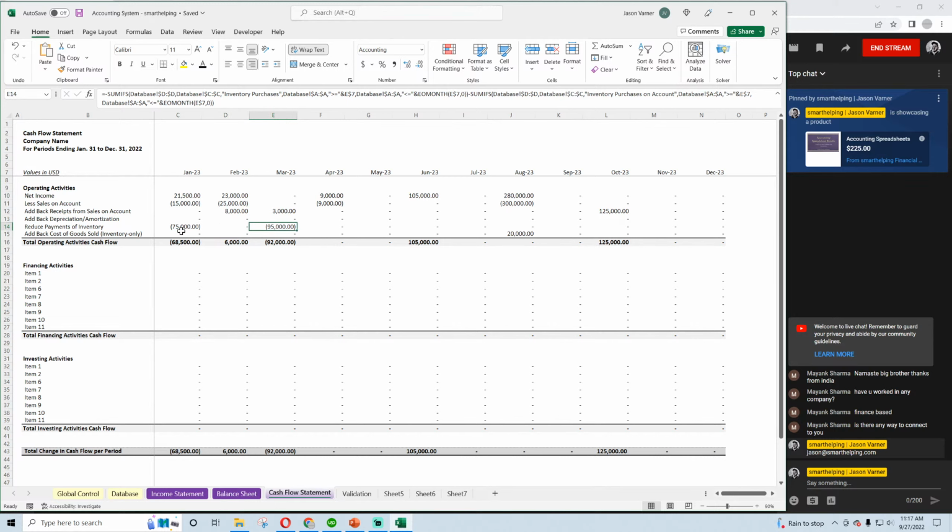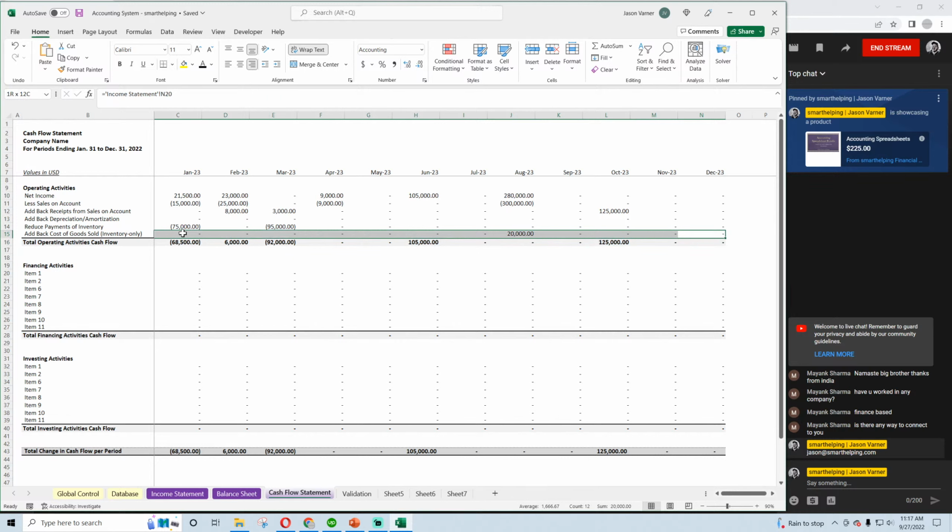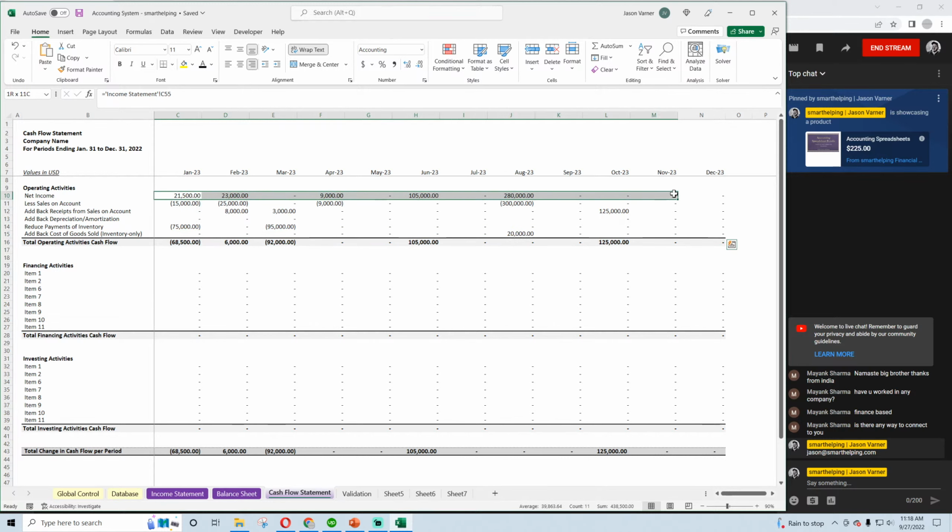Notice we've added back, well, no, we haven't done that yet. Oh yeah. Notice how we're adding back cost of goods sold inventory. So anytime we sell inventory, or anytime we make a sale, if it has cost of goods sold, that cost of goods sold is hitting net income. But the actual cash effect is here.